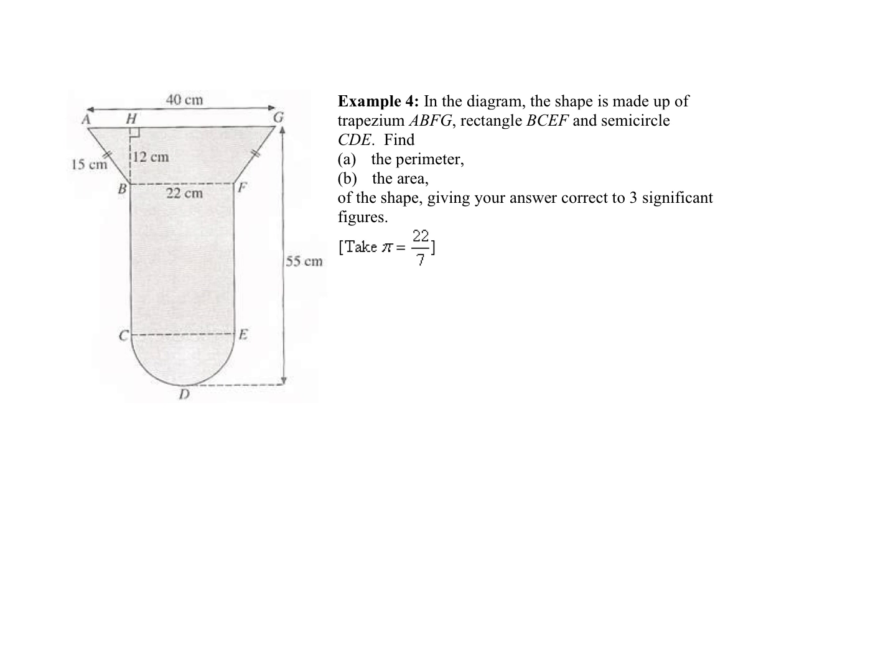Okay, last example. It says this has a trapezium on top, a rectangle, and then a small semicircle at the bottom. Find the perimeter. Okay, so first, let's walk through it. So we have 40. Let's write that down, 40.